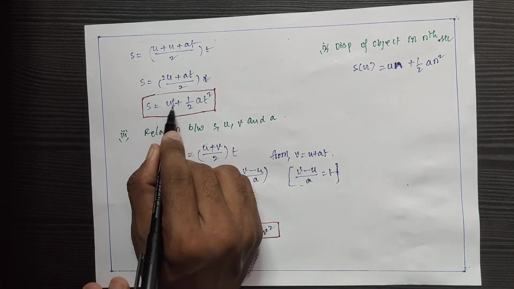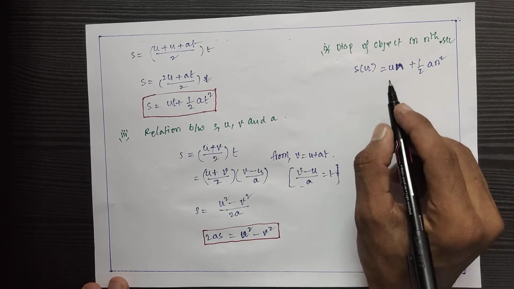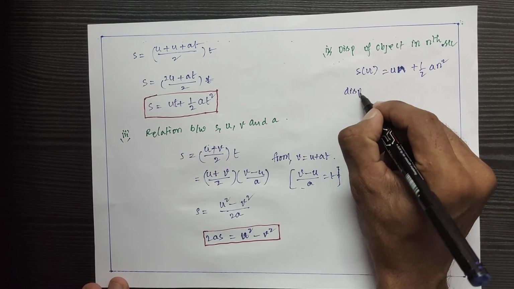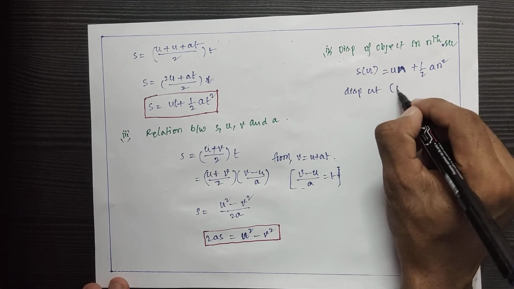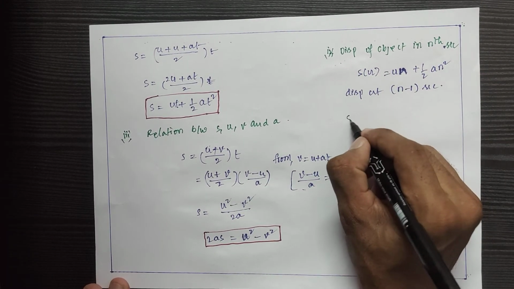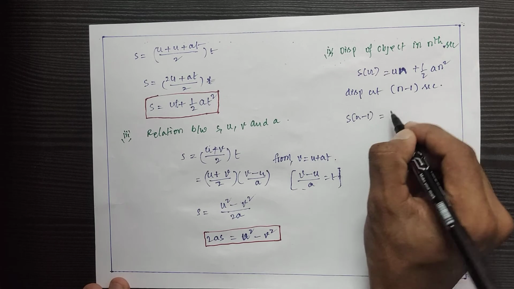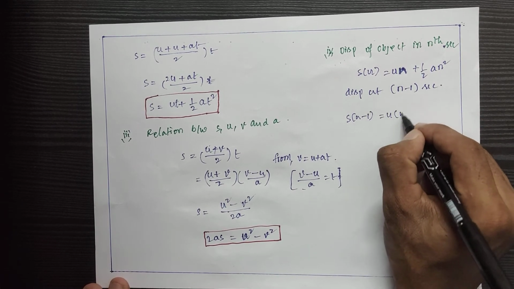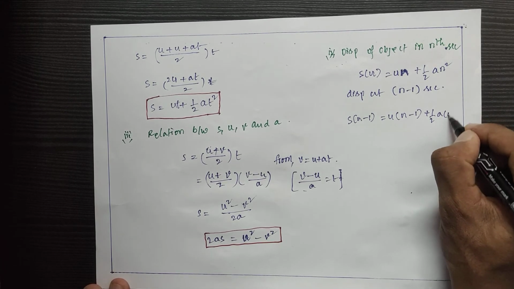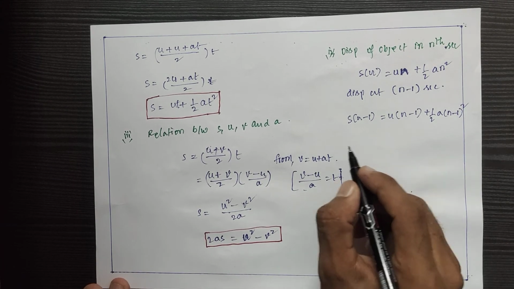If we keep t equal to n, we get this. Again, the displacement at n minus 1 second: s of n minus 1 is equal to u into n minus 1 plus half a into n minus 1 whole square.